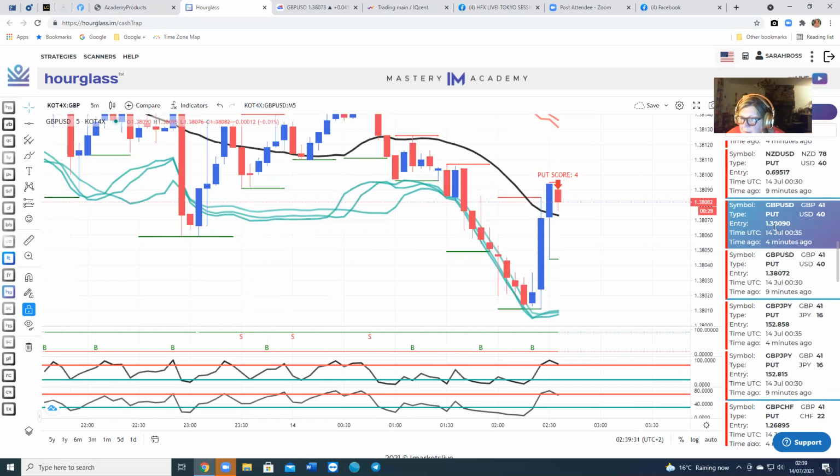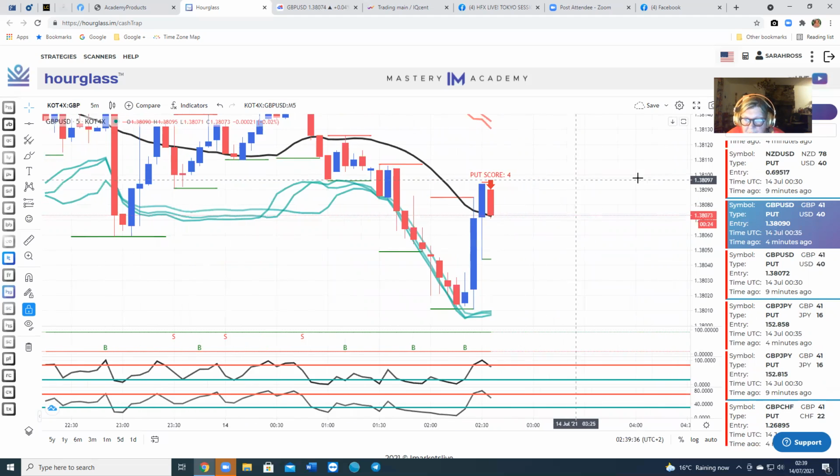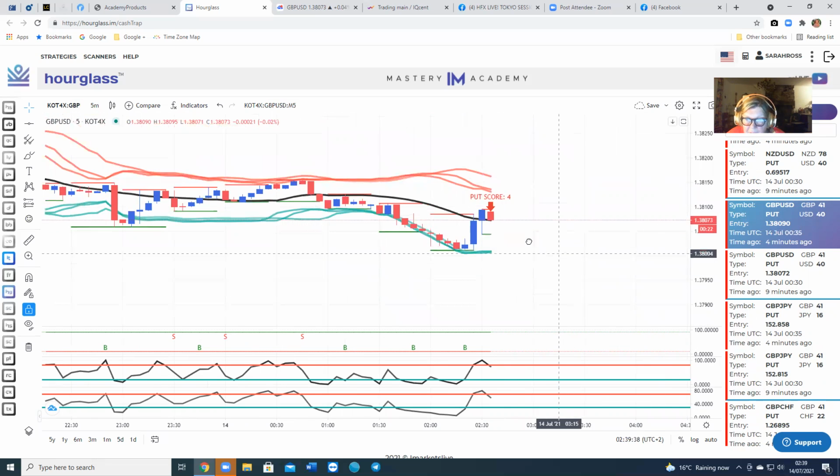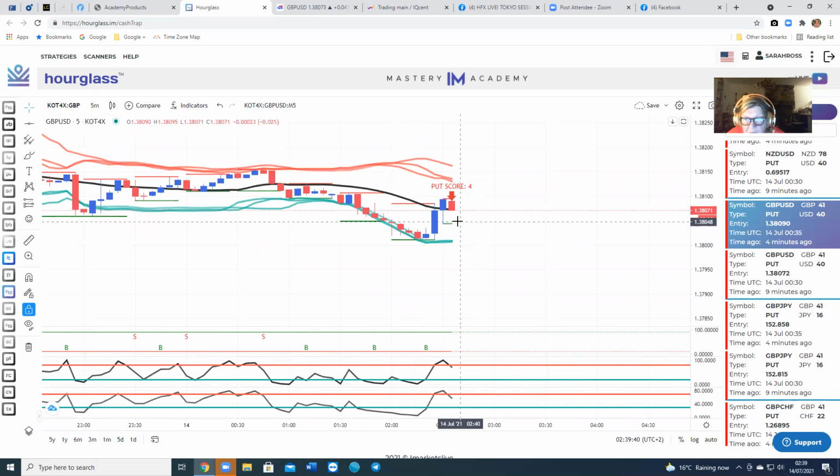41 to 40, so they're similar to put at 090. That moved fast. I've just missed that off the 40-minute candle. So the dollar says a call, but it's still going down.